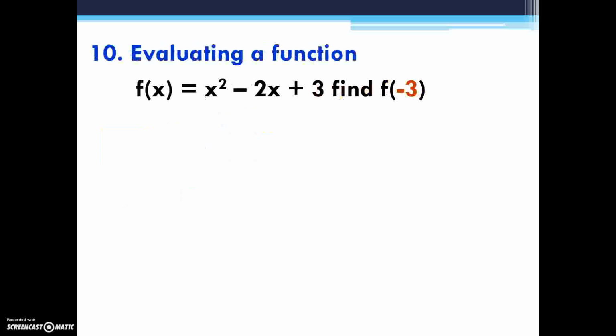Okay, another example, try this one. It says find f of -3. On the other two problems, it told you x is equal to whatever.